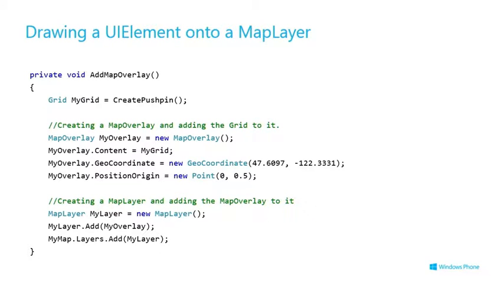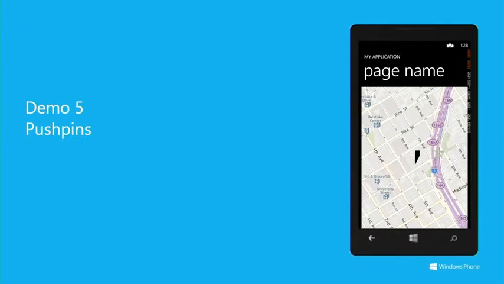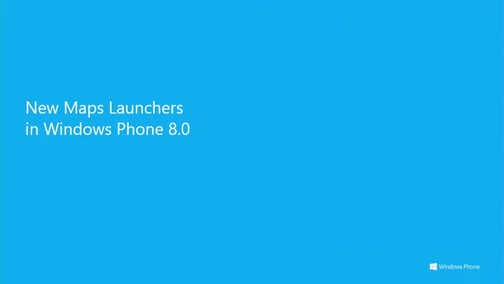Then you set the geo-coordinate and the position origin of that map overlay. So this is where it's going to be drawn onto the map. And then finally, create a new map layer, add the map overlay onto the map layer, and then put the map layer onto the map. A lot of steps, but this is the process of doing it. I'm not going to show you that demo. We're a bit over time.